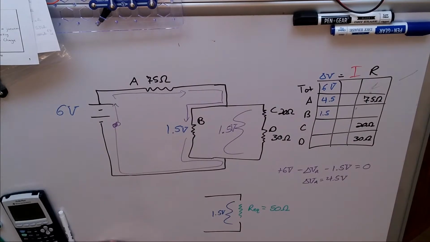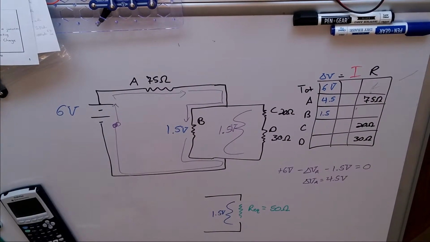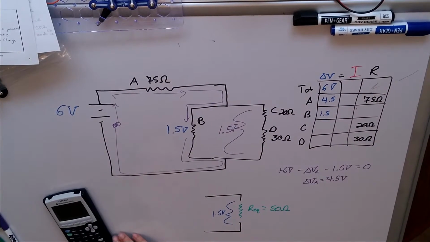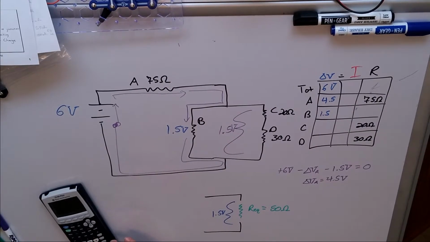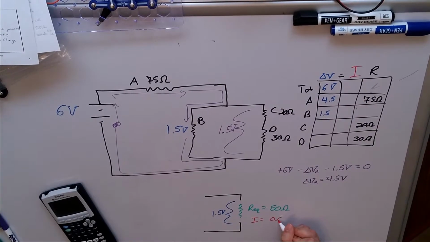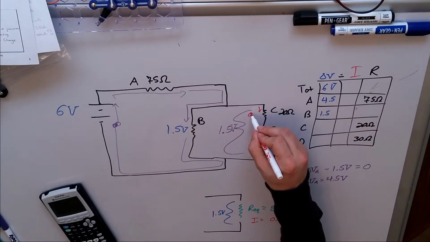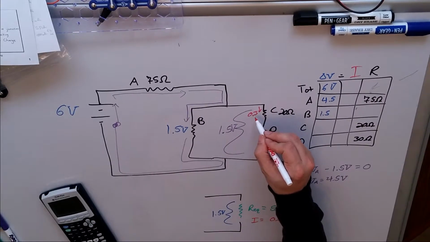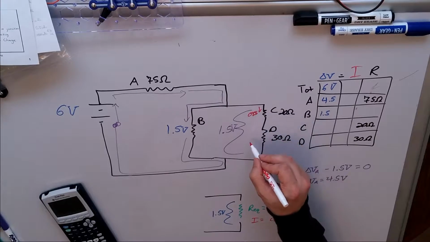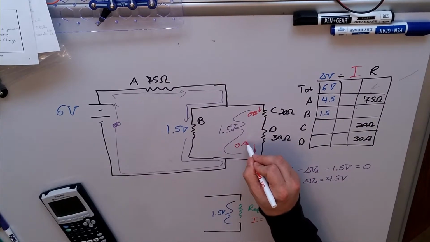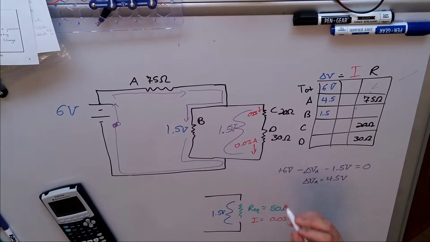So I could find, by applying Ohm's law on my invisible equivalent resistor, I'd have 1.5 volts divided by 50 ohms. I would find that the current going through this equivalent resistor is 0.03 amp. That means that we would have 0.03 amp coming in, 0.03, and we would have 0.03 amp coming out.